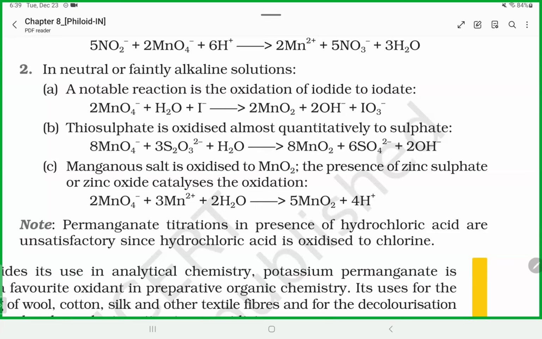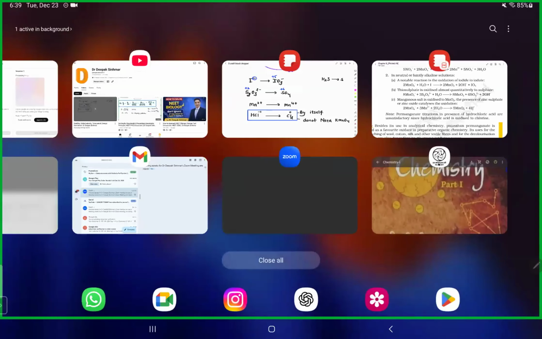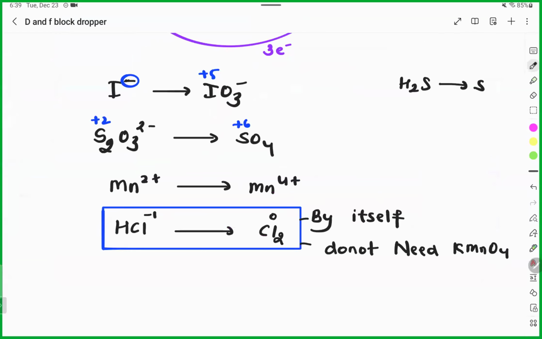So I wrote exactly the same thing, and that's why it is very special in this particular situation. In NCERT, you have only this portion, and this HCl is very special. Okay, any doubt?